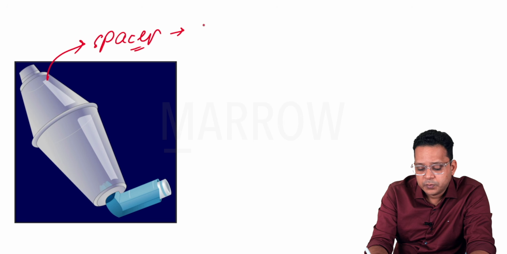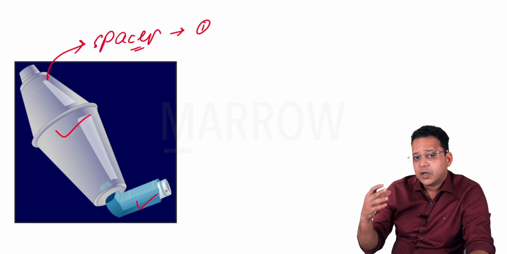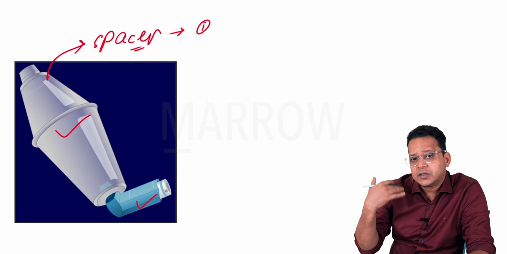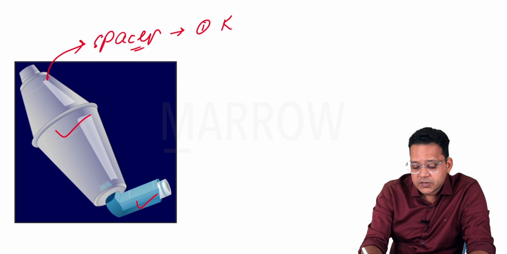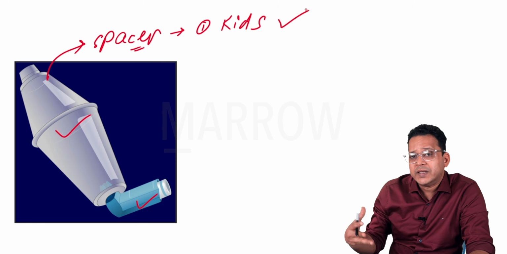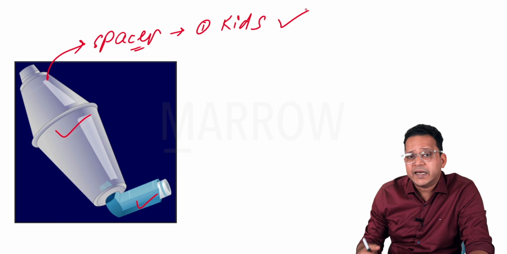So spacer has two benefits. Now you can see the spacer is connected to the PMDI apparatus. Now whenever you press the PMDI, the drug would not directly enter into your oral cavity, rather it will go through the spacer. So here, spacer one, it is useful in kids because if they cannot even coincide with inspiration, still the drug is present in the spacer and then they can inhale it.